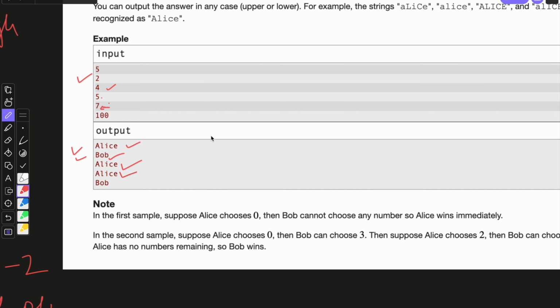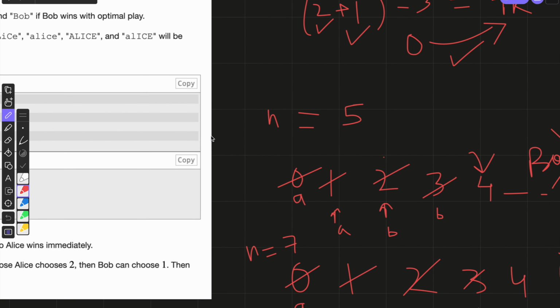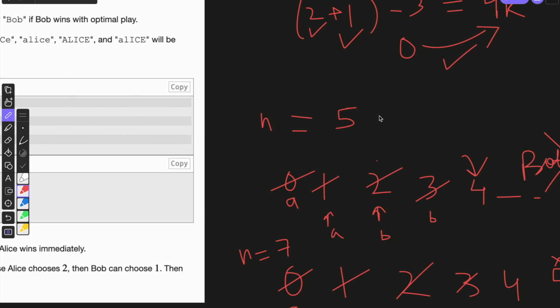Now let's see if instead of 7 we had N equal to 8. We have numbers 0, 1, 2, 3, 4, 5, 6 and 7. Right. So we saw that when Alice picks 0, Bob will pick 1.